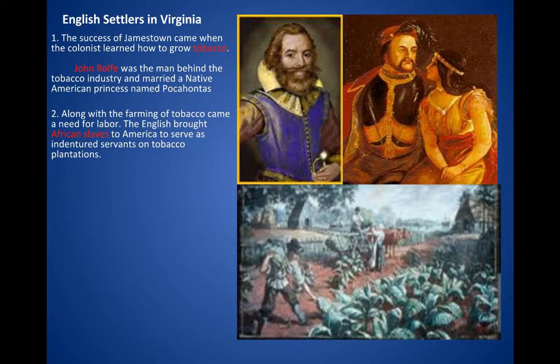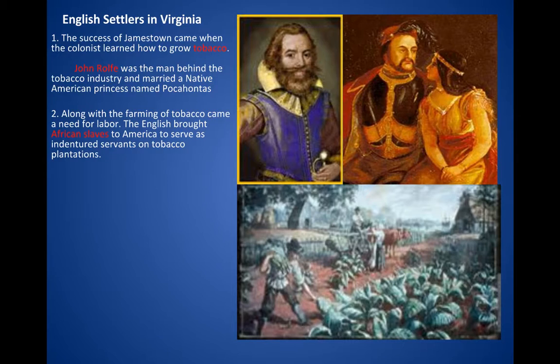Along with the farming of tobacco came the need for labor. I talked about in the timeline how a few years later, after the English started growing tobacco, they needed people to work the fields.